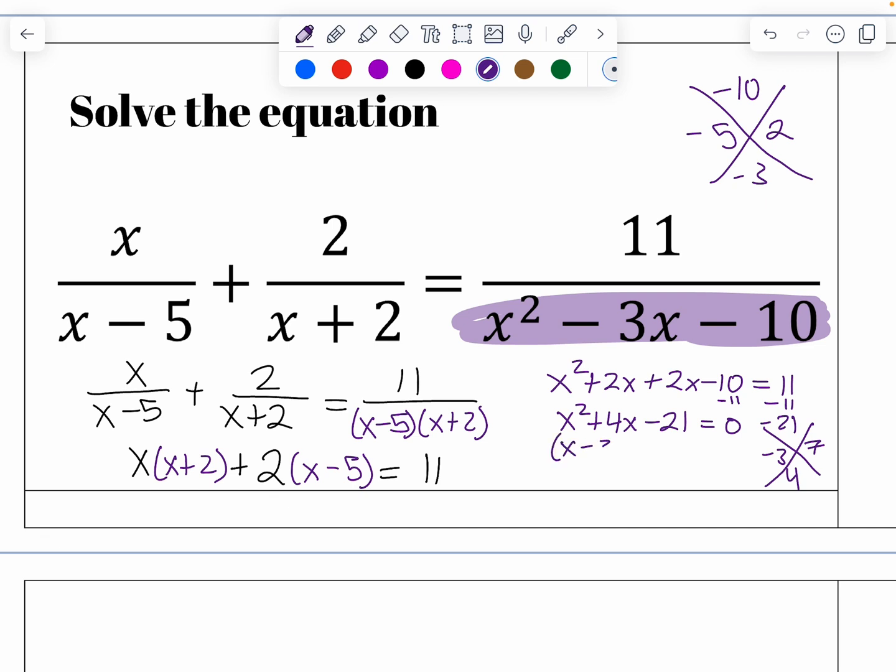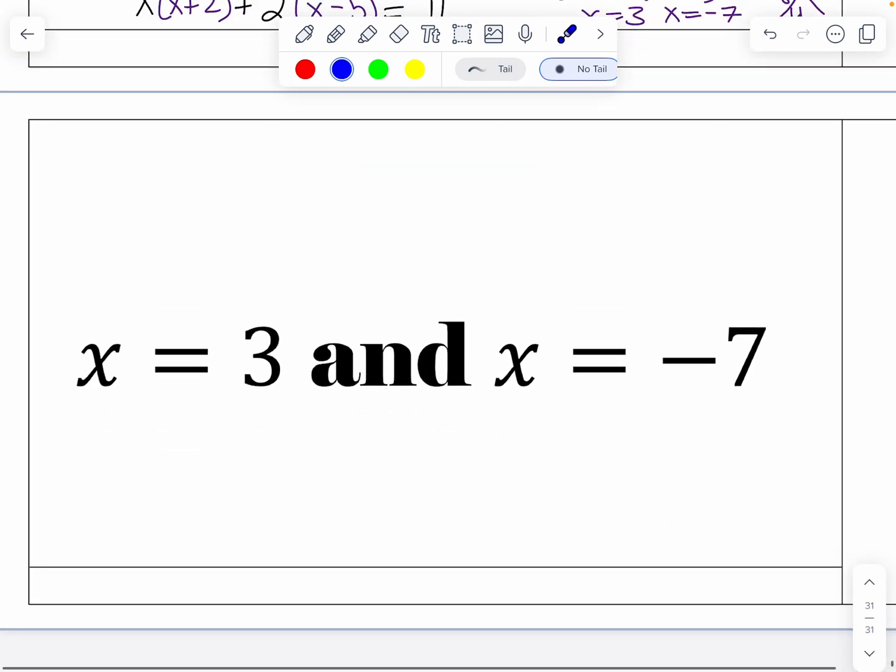So we have x minus 3, x plus 7. So that means x is equal to positive 3, x is equal to negative 7. Then you would plug those in and check your answers from there. But those will work, I'm going to spoil it. You would just plug them in again wherever you see an x. So that's that. I think that's it.